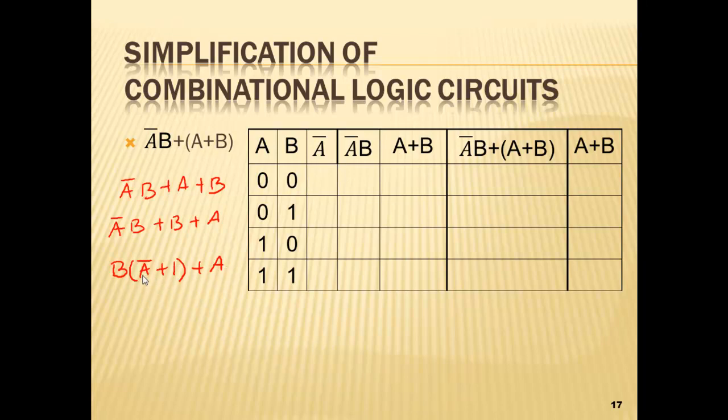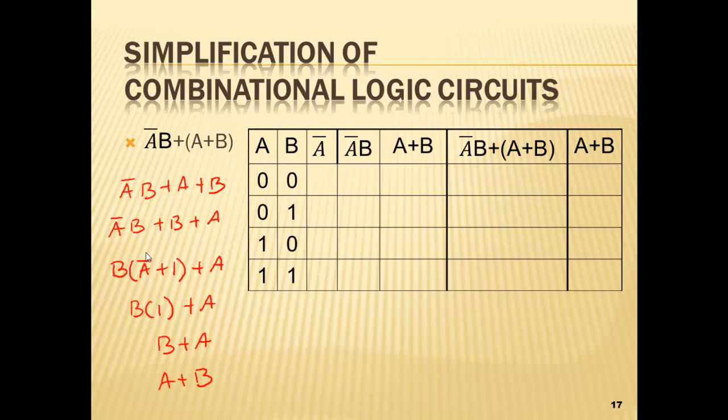Go inside your parentheses. Anything ORed with a 1 is a 1, so you're left with B, 1, or A. And then anything ANDed with a 1 is just itself, so you got B or A. Usually you like to put them in alphabetical order, so it's A or B.